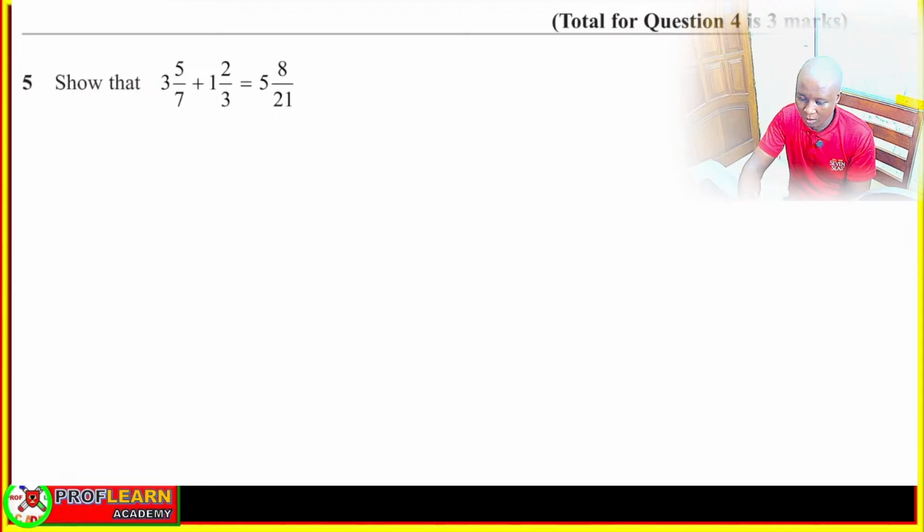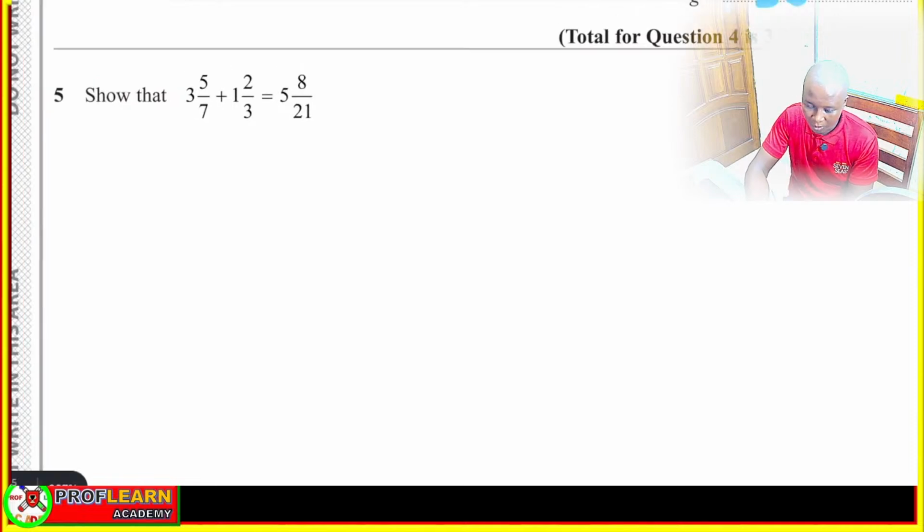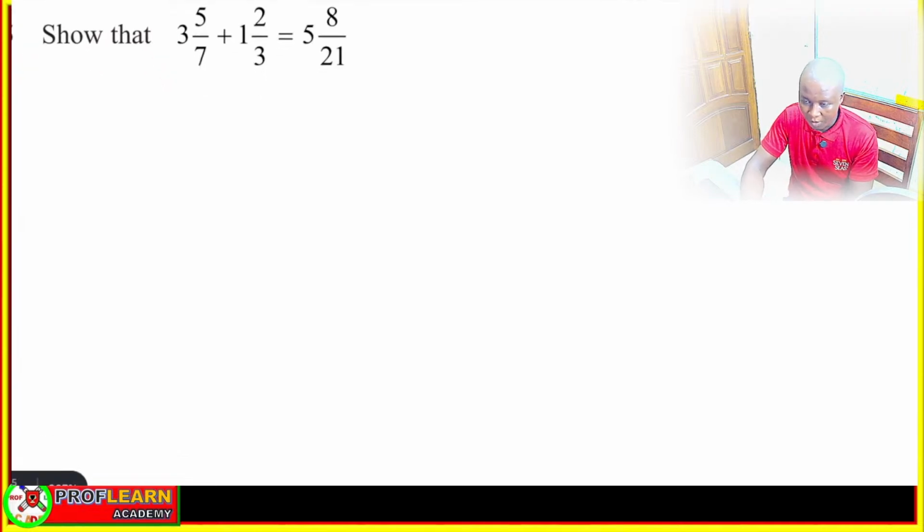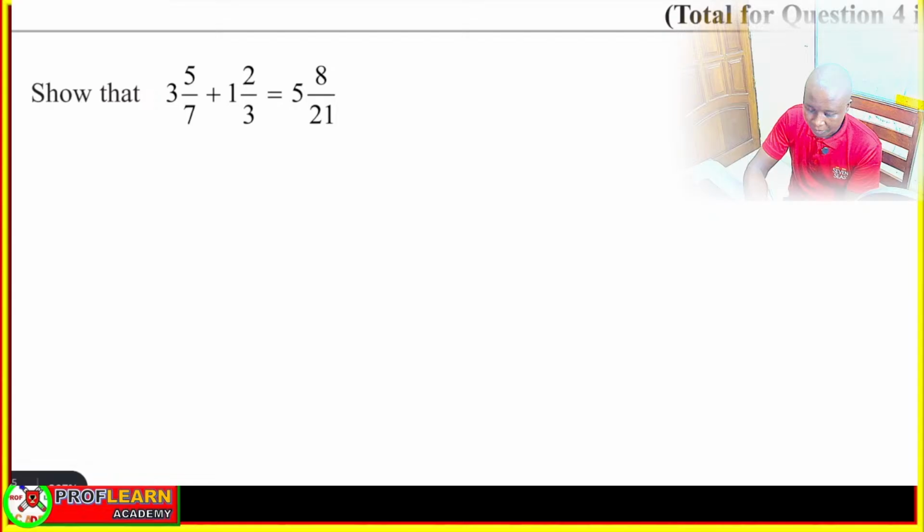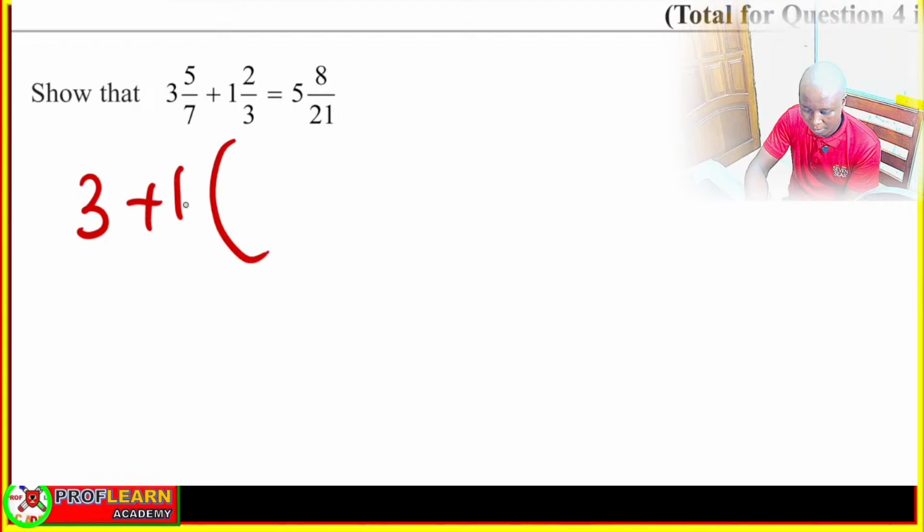Then if you are also given a question like this, where you're told to show that this is this, the first thing we are going to see is that for you to solve this, we shall add all the numbers. So that will be 3 plus 1 plus 5 over 7 plus 2 over 3.